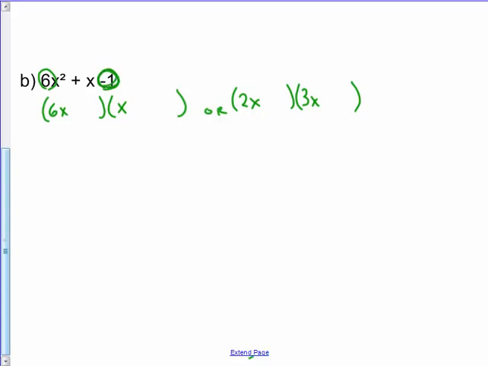Now, as you get better at guess and check here, you may be able to see some patterns. It's a 1 here, so I'm going to multiply 1 and a negative 1, and I wanted the inside term to be an x. I know it's going to have 1 negative and 1 positive here.